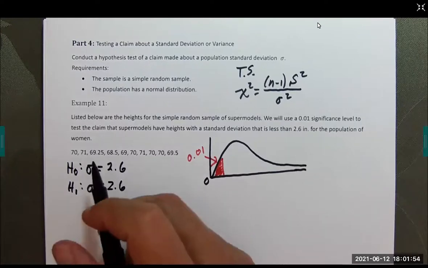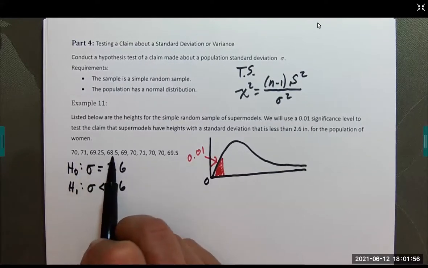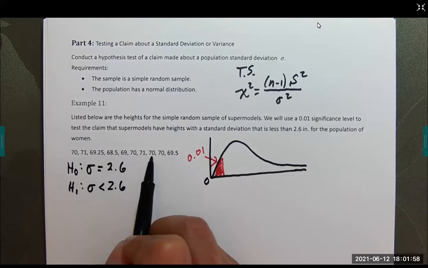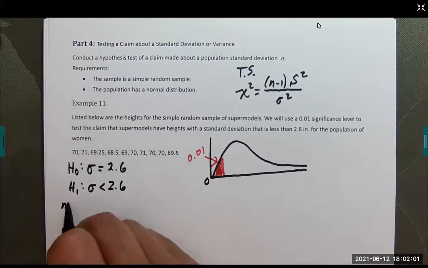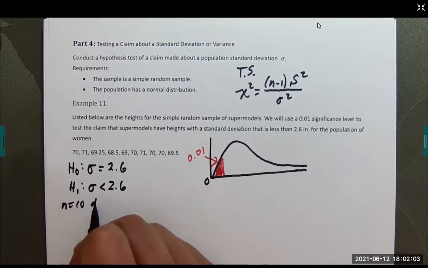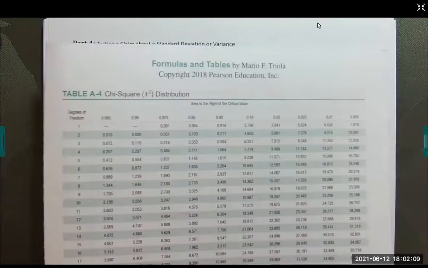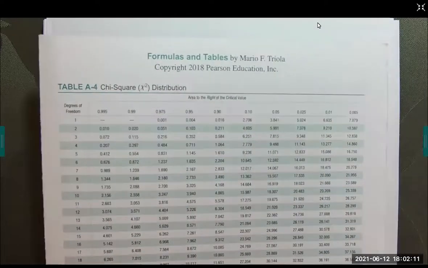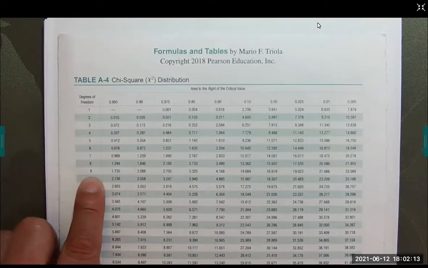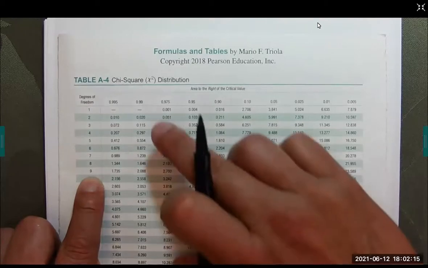We have 1, 2, 3, 4, 5, 6, 7, 8, 9, 10 pieces of data. So n equals 10, which means our degrees of freedom is 9, with an area of 0.99. Degrees of freedom is 9. That is here, and 0.99 is here.